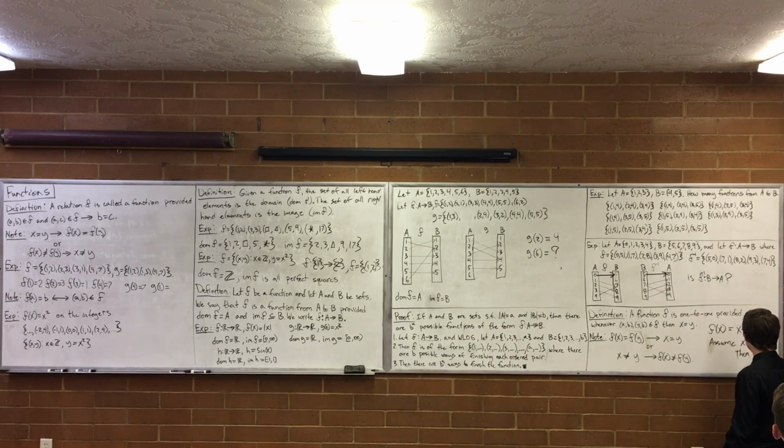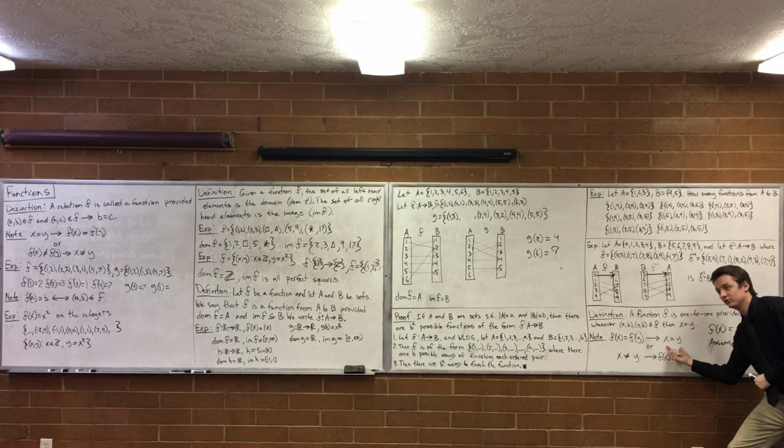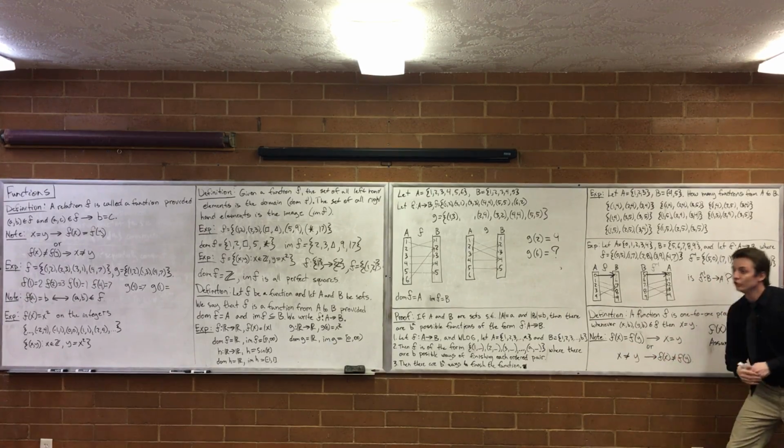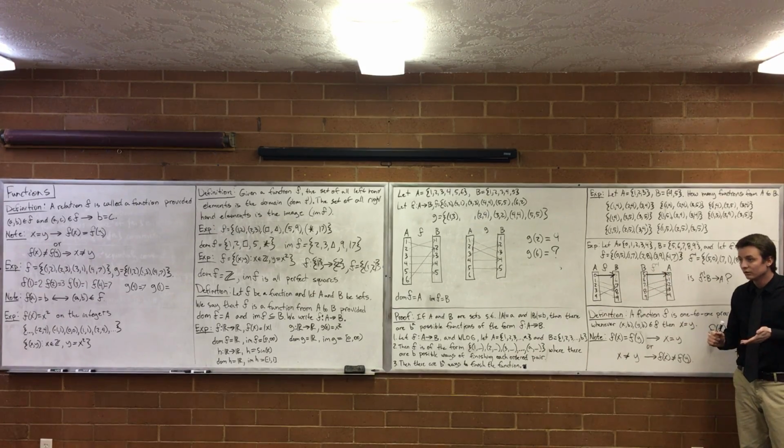Then x is equal to y. Anytime f of x is equal to f of y, then x is equal to y. That's how you prove it's one-to-one. So assume it's true, therefore it's true. Assume this is true, therefore this is true. Assume x and y are even, therefore x plus y is even.